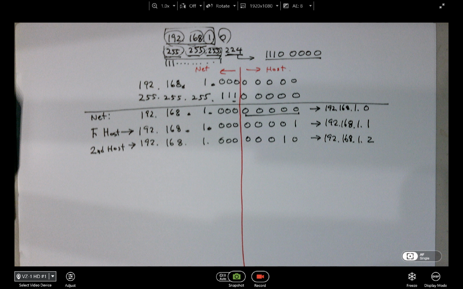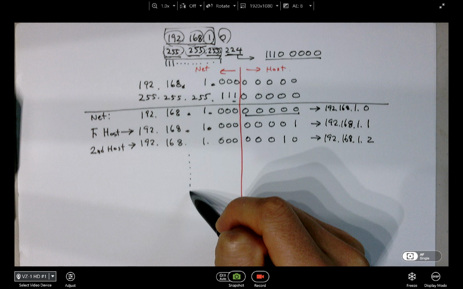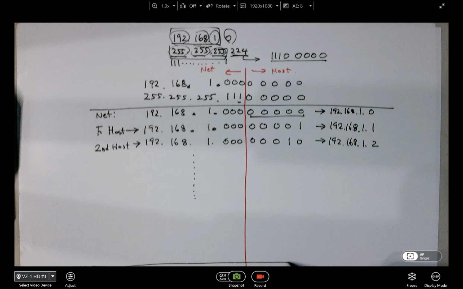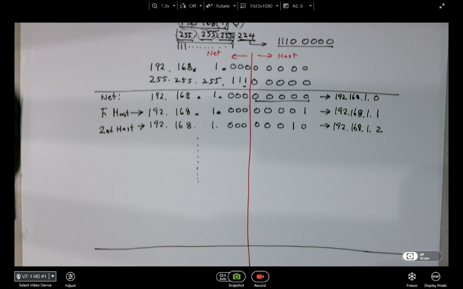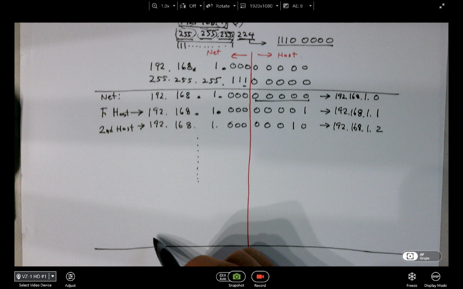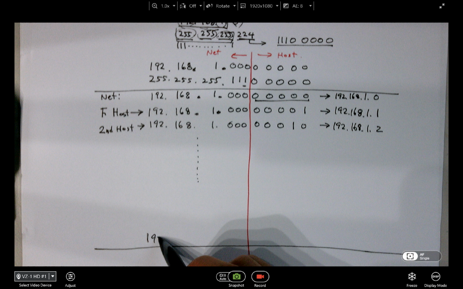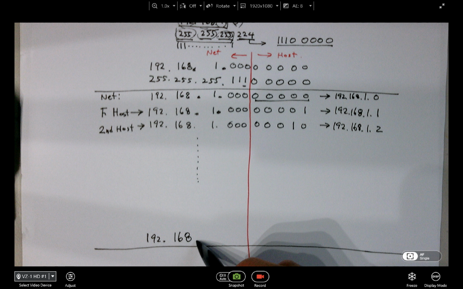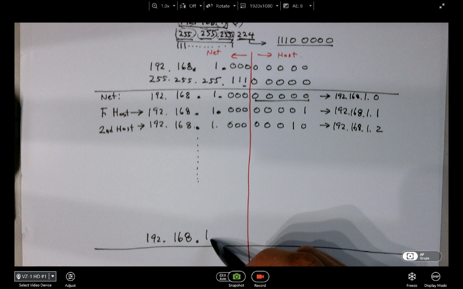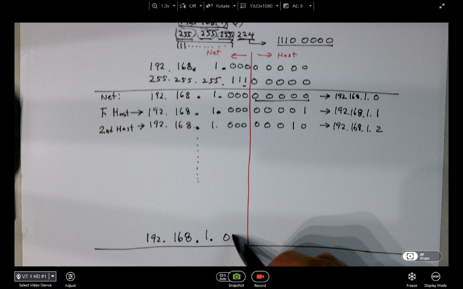And then I can write many IP addresses, but I want to find out the last IP address, which is the broadcast IP address. So that is going to be 192.168.1 dot and then 000.